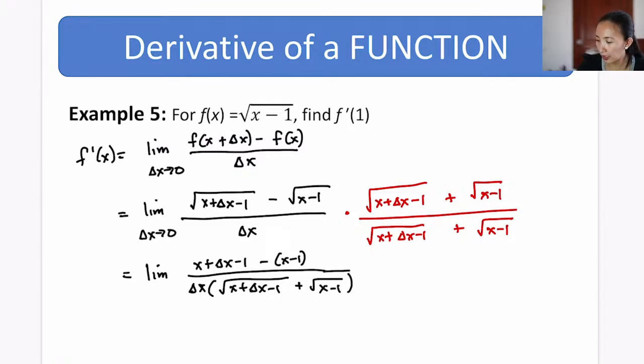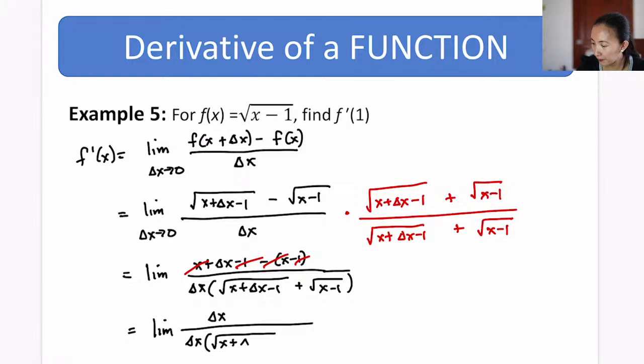Which is equal to the limit of, okay, obviously your x with x will cancel out in the numerator, ito, at saka yan, and then negative 1 with positive 1, leaving delta x only in the numerator. Delta x all over delta x times the quantity square root of, nakikita ba ninyo? X plus delta x minus 1 plus square root of x minus 1 as delta x approaches 0.